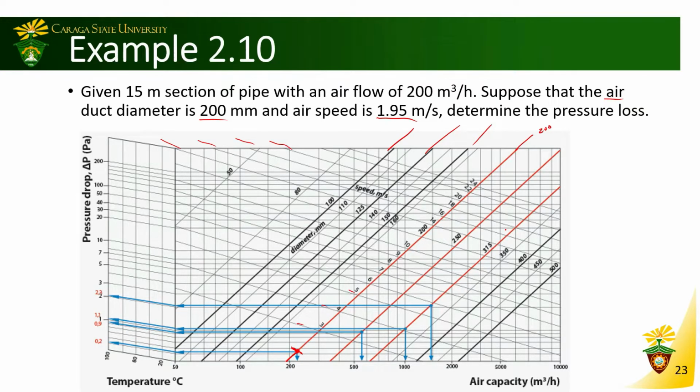Okay, so we can now determine the pressure drop by looking at the y-axis, and we can see that the pressure drop is approximately equal to 0.21 pascals per meter.